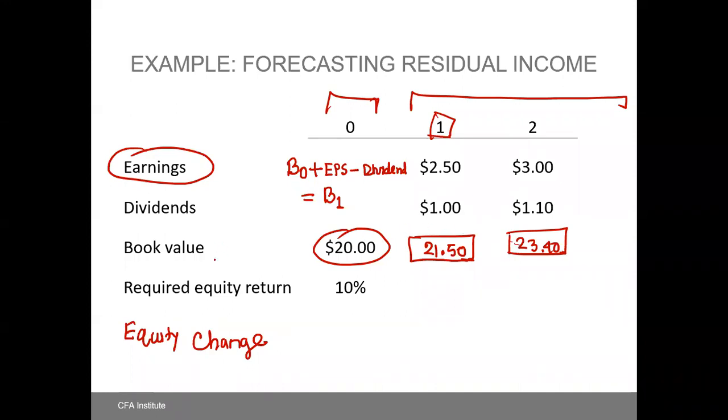But note that book value is not a direct variable in the residual income calculation, but book value will be useful for calculating the equity charge, right? So how can we calculate the equity charge for this period?